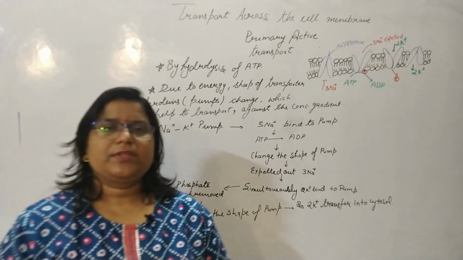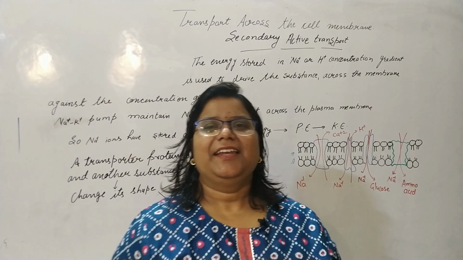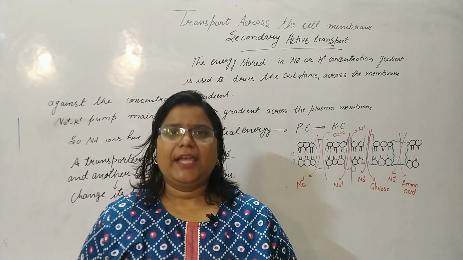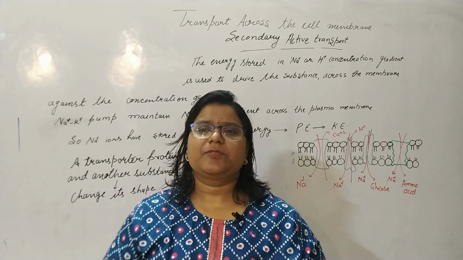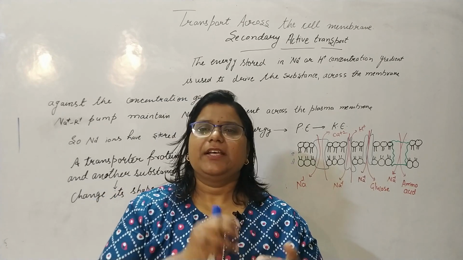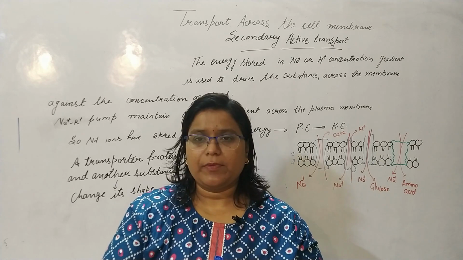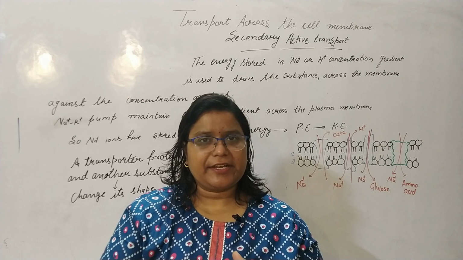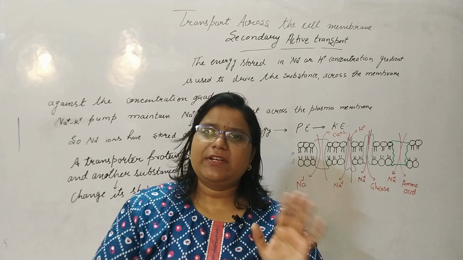Now we will discuss secondary active transport. In secondary active transport, as we have discussed, the stored form of energy is used: we can utilize the energy which is already stored in an ionic concentration gradient. What is the ionic concentration gradient and how do we maintain it, we will discuss here.